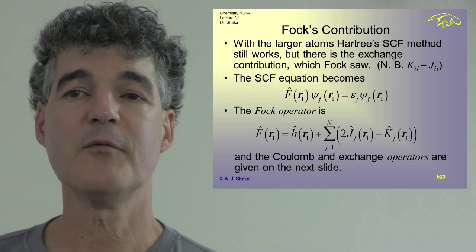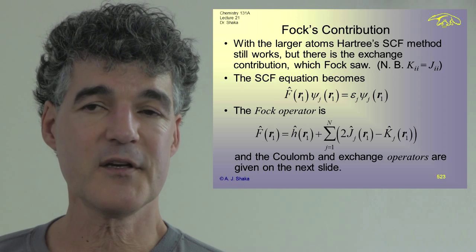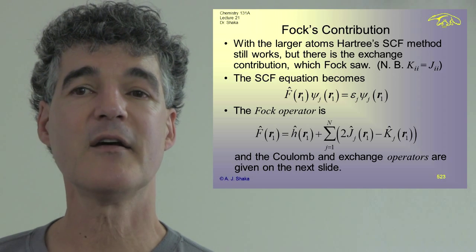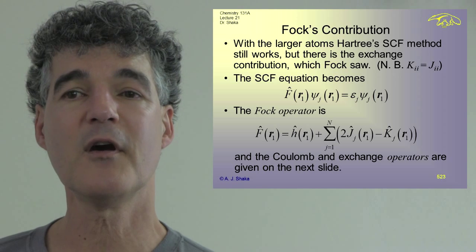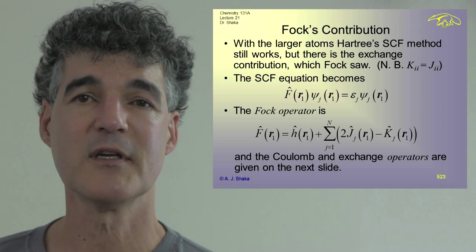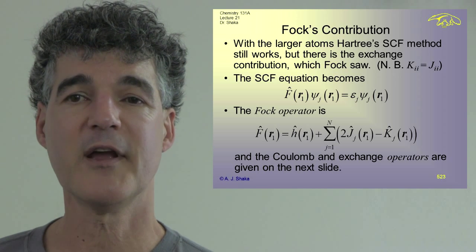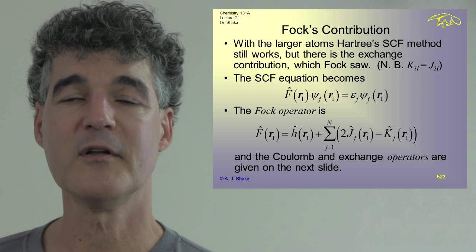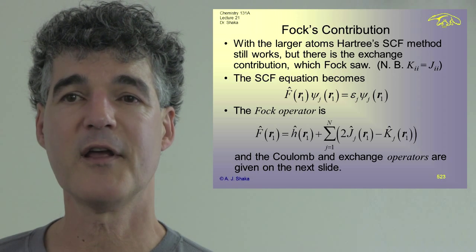And the reason we want to write these as operators is because we want to operate on the wave function with them. We don't want to just leave things as integrals. Then we've kind of already operated and done the integral. So let's look at what these operators are.